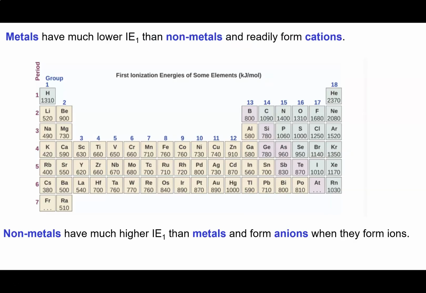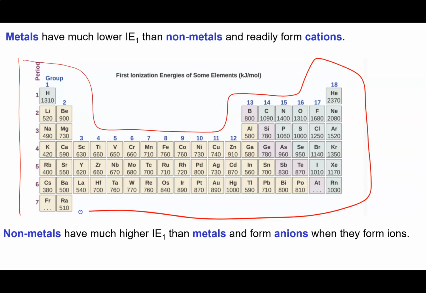Okay, so you can get these nice periodic tables that have all of the IE1 values listed, and it's worth looking at them, and what you see is that metals have much lower IE1 than non-metals, and that explains why they readily form cations. A stereotypical metal would be something like sodium, and a stereotypical non-metal would be something like oxygen, and you can see that oxygen has a much larger IE1.